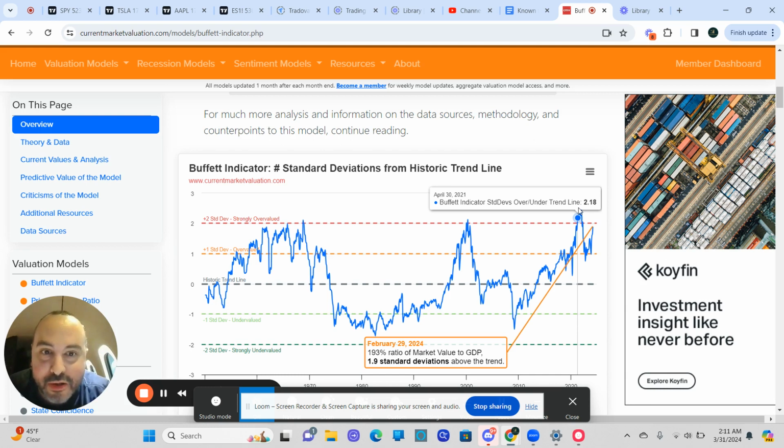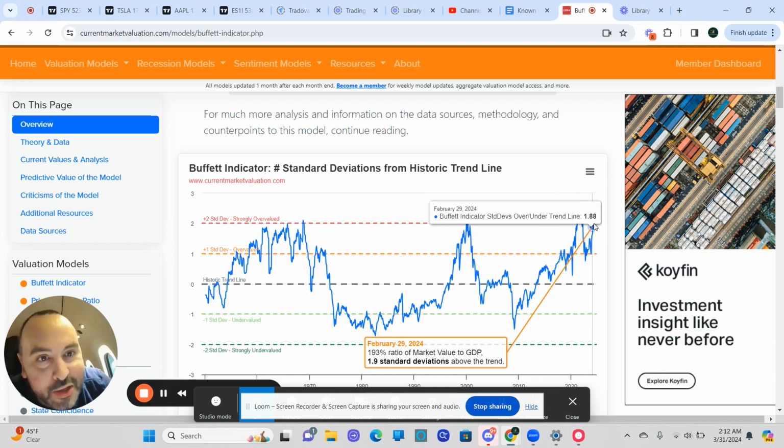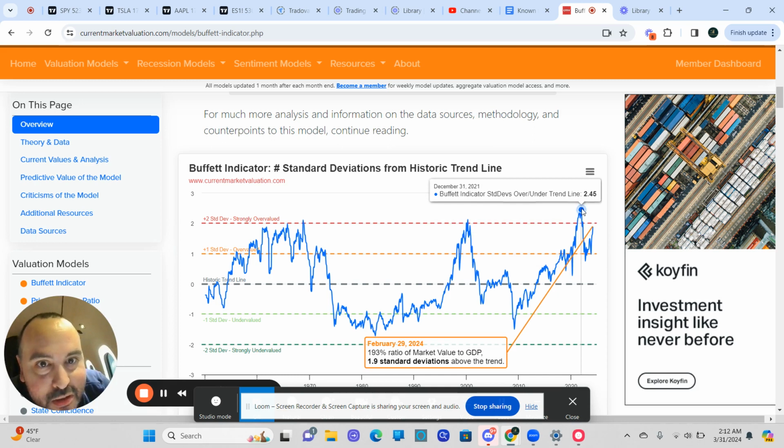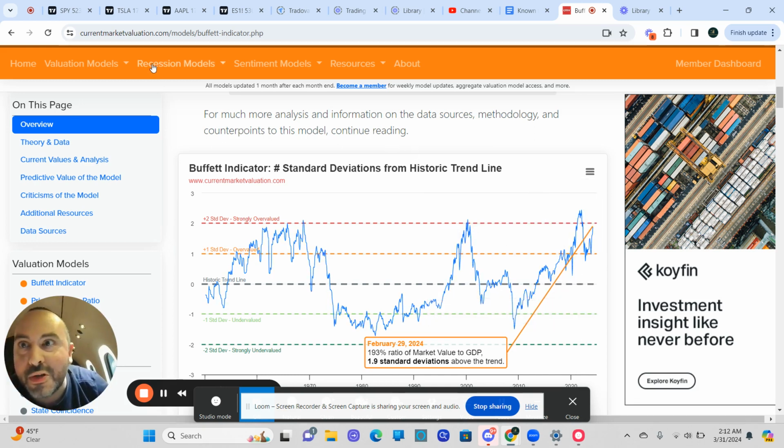You don't want to call the tops and call the bottoms. You want to keep an eye out for them, but wait until that move is made and really confirmed before you enter. So let's go back to when the actual move was made, in December, so December 31st, 2021, January 2022.